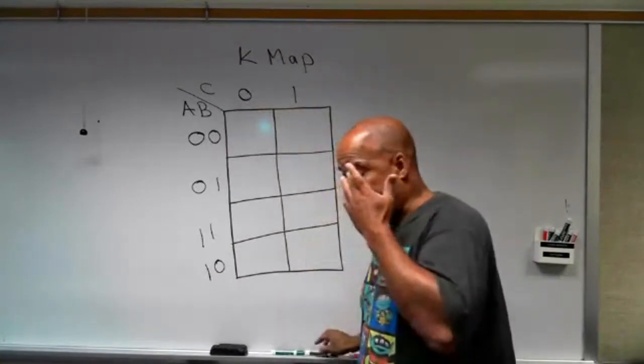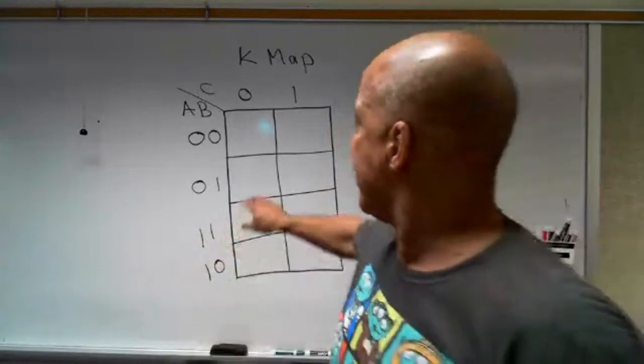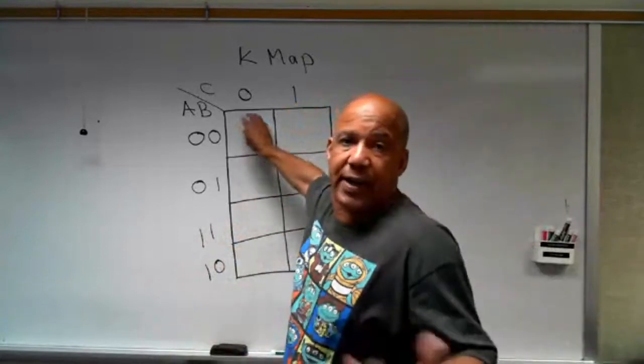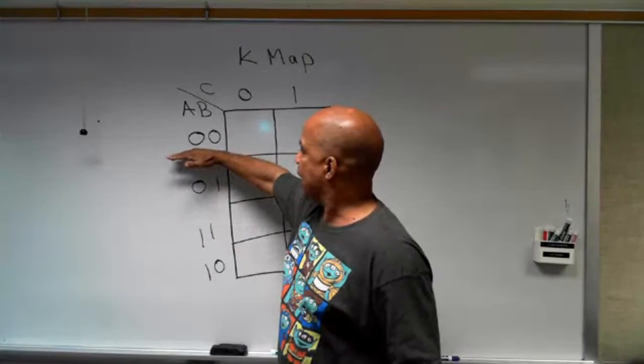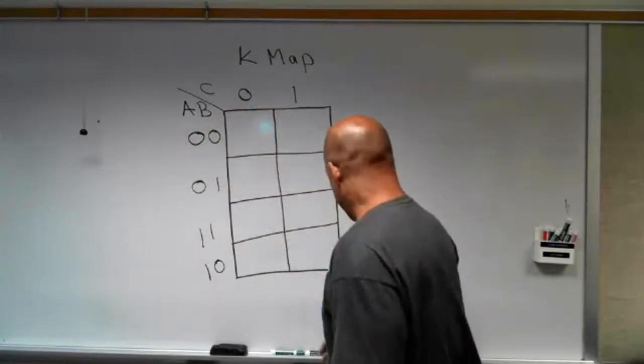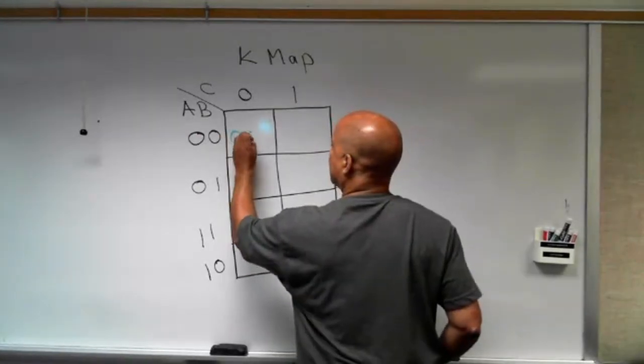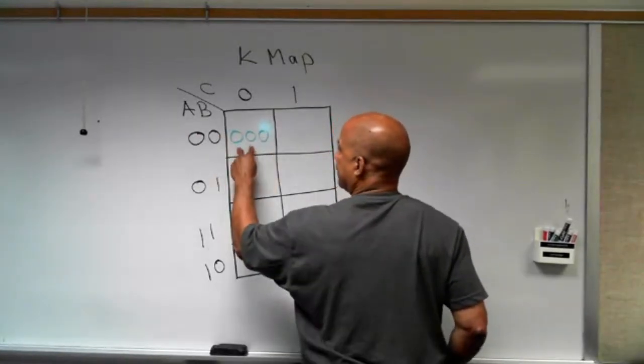If you think about it that way, then each cell, and this is important, each cell has a binary value. All you've got to do is start over here on the left and write the A and B value first and then the C value. So for instance, the value of this would be 0, 0, 0.